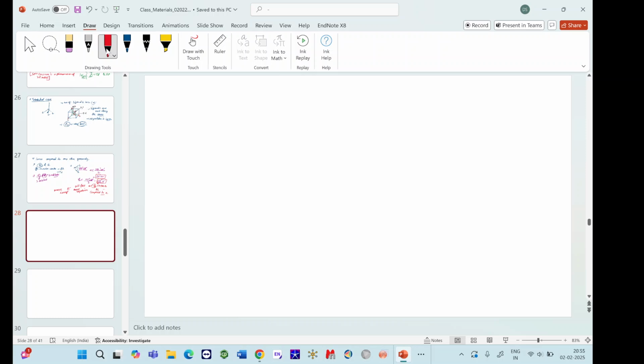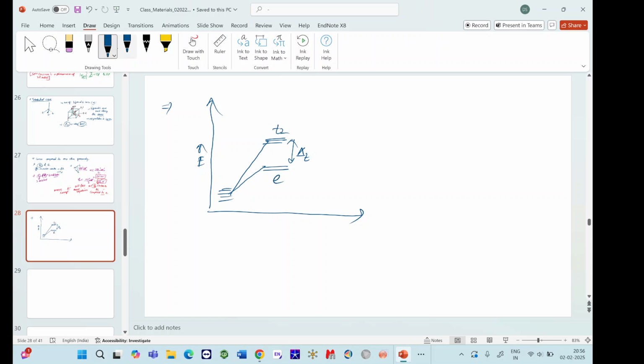Then let us see what the energy diagram will look like. Suppose this is your spherical field, then you have 3 here, and then only 2 here. This is called delta T. One thing you can notice is that none of the sets are stabilized, all are destabilized.